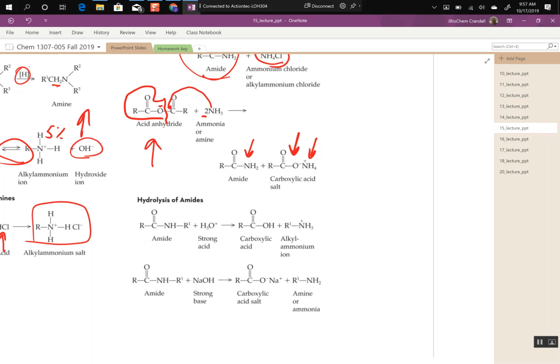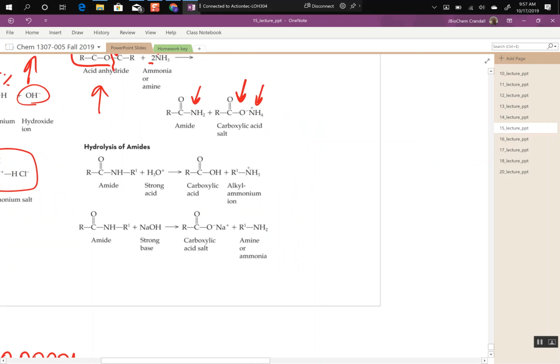Then the thing that's negatively charged always goes second in the name. Okay? So if I knew what this was, then I would call it an ammonium, maybe like formate or something. Ammonium formate, whatever the carboxylate is.